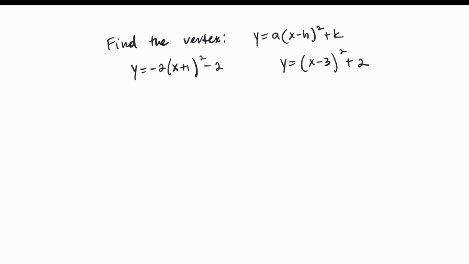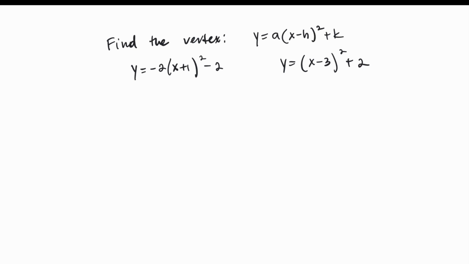And we are asked to find the vertex. When the equation is given to you in vertex form, it's actually very simple to pull the vertex from that equation. All you have to recognize is where your h and where your k are in that equation. Once you have the h and the k, that is your vertex.